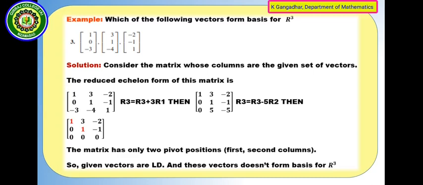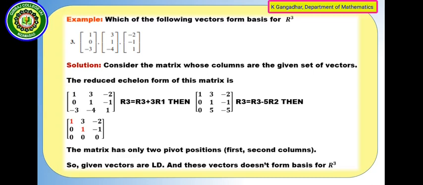Here the diagonal elements are 1 1 0. That means the first and second columns are pivot columns, and the third column is the free column. There are two pivot columns, and the matrix has 3 rows, so both are not equal.